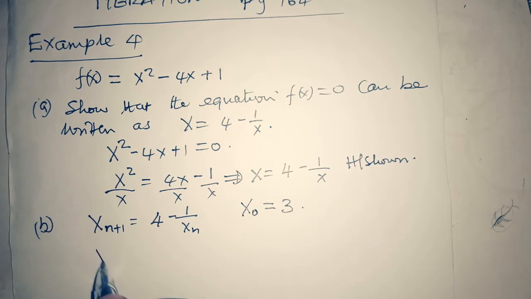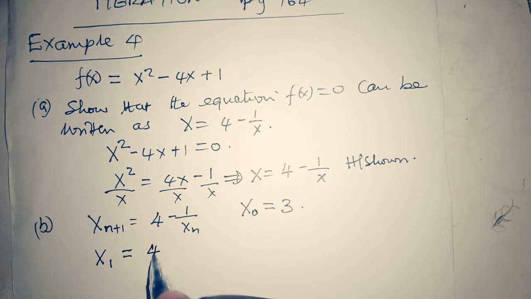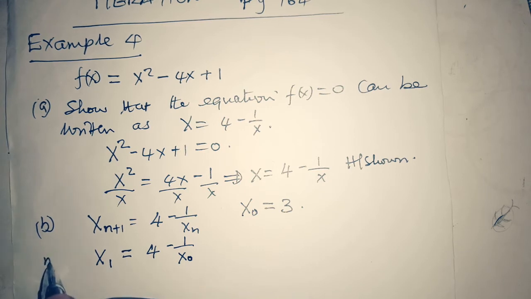So x1 is going to be 4 minus 1 over x0, because this is n plus 1 and this is n. At this point n is equal to 0.